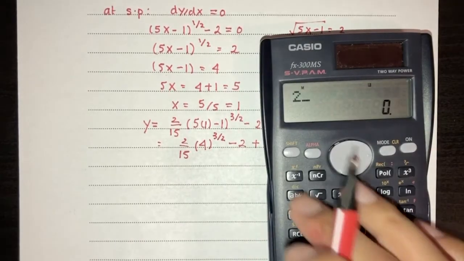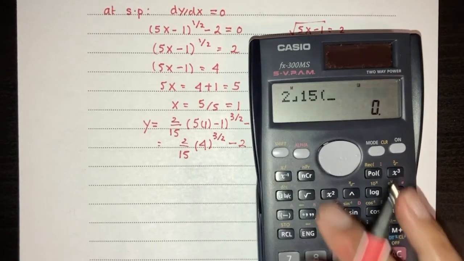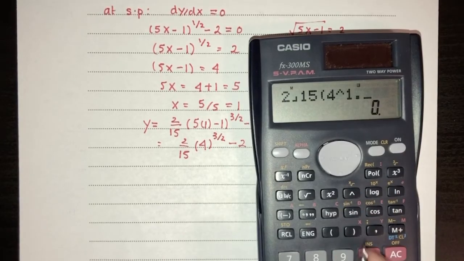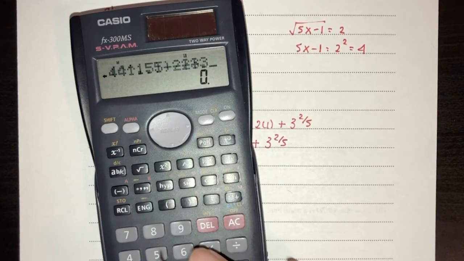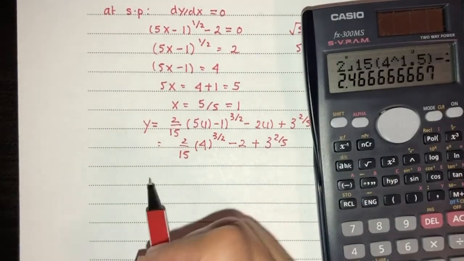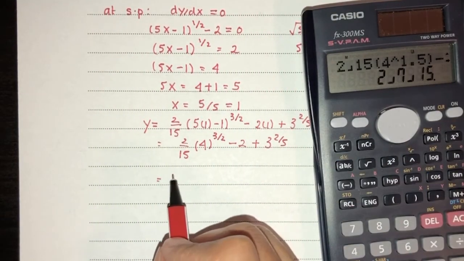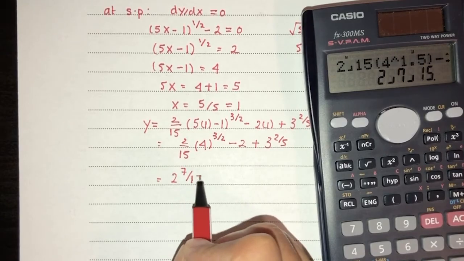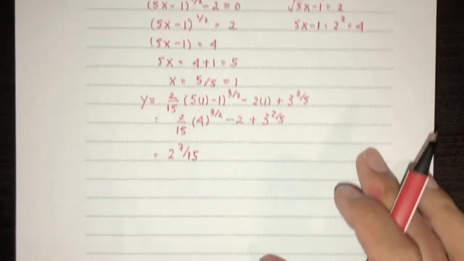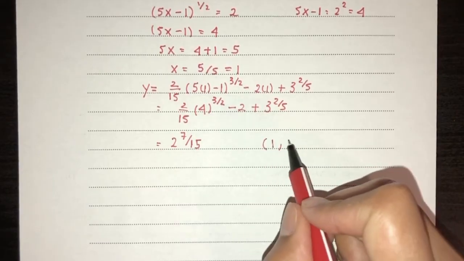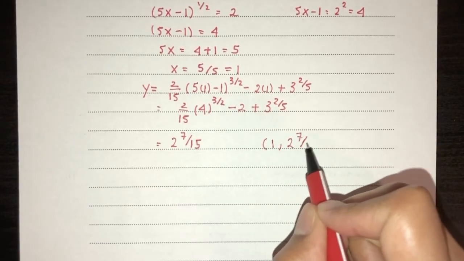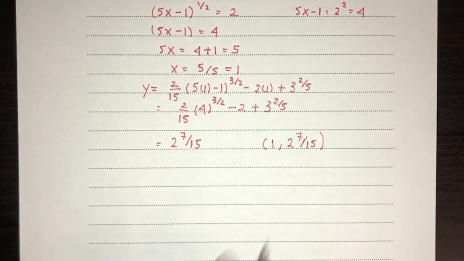So 2 over 15 times 4 power 1.5 minus 2 plus 3.4. That should be 2 7/15. Okay, that is your point y. So basically, your stationary point will be 1 and then 2 7/15. That will be your stationary point.